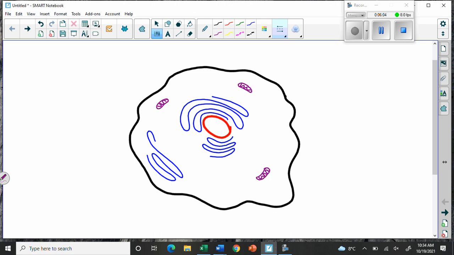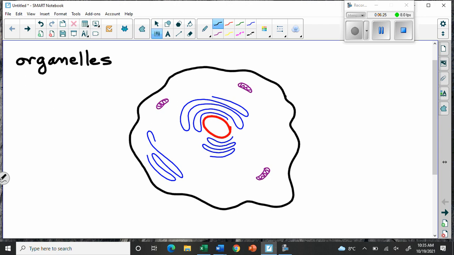Then we have, let's see, let's take our black again. I'm going to use the same color because this organelle, that's what these are called, by the way. All these things are called organelles. I'm going to write it here, but I'm going to have to erase that later. Just like in your body, you have organs, liver, spleen, and kidney.